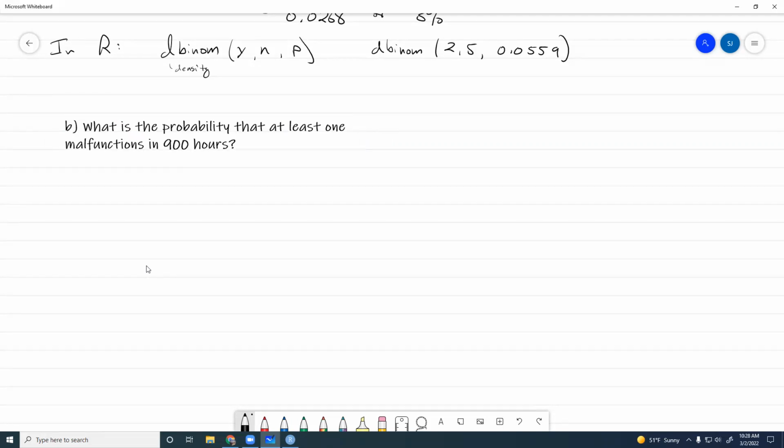So take a few seconds to write this out in terms of probability. What are we asking here? Probability that y, the number of successes and failures, is at least 1. So it's 1, it could be 2, it could be 3, it could be 4. So y is greater than or equal to 1.